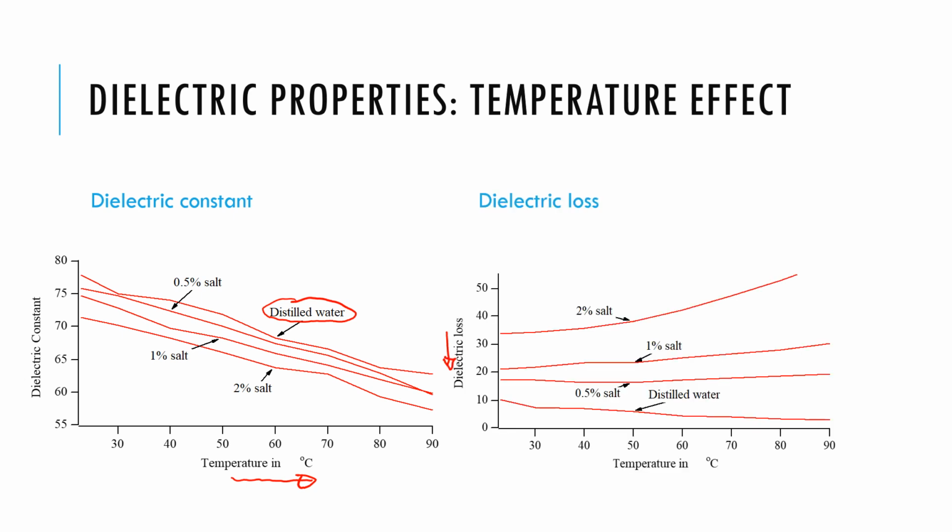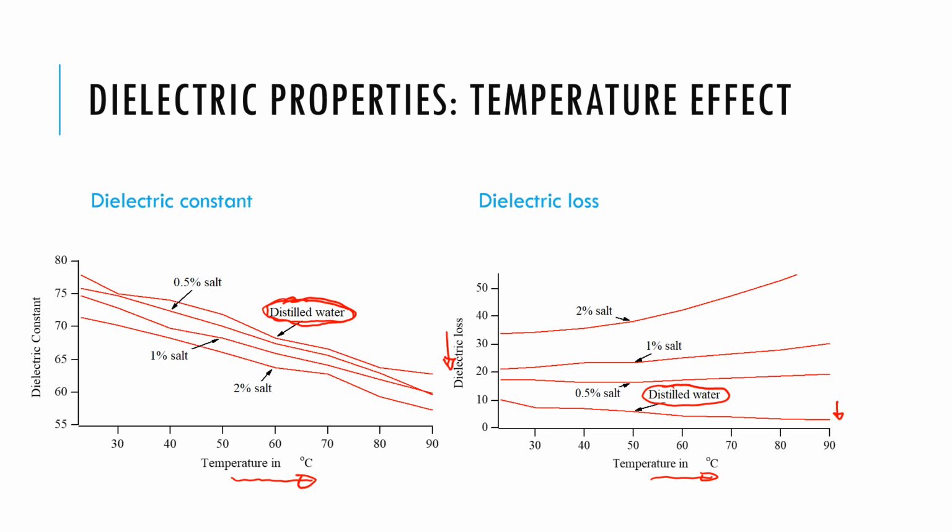If we look at dielectric loss, again, let's stick to distilled water first. As I increase temperature, the dielectric loss also decreases. It decreases because movement due to the applied field is reduced.